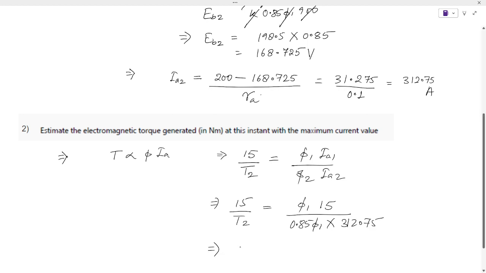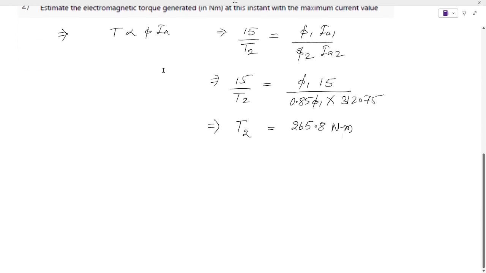So what is the value of T2? So 265.8 Newton meter. Clear? Yes, sir.